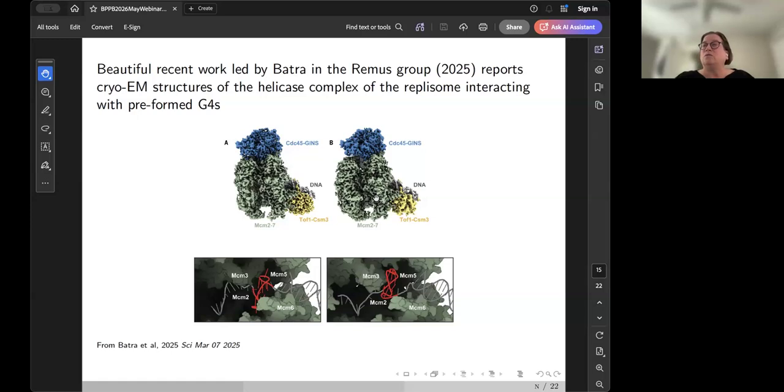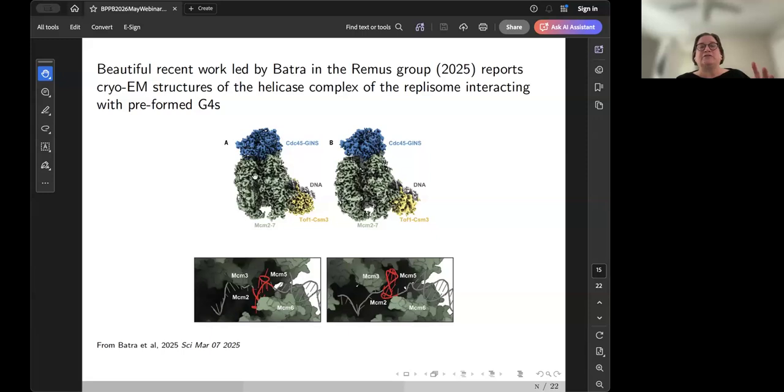These are done with cryo-EM, and this was absolutely groundbreaking work. They did a tremendous amount beyond the structures, biophysical measurements, and so on and so forth. What they were able to show is they were able to catch in the act one of these G quadruplexes literally getting stuck inside of the channel of this replicon element, in particular of this hexamer that is part of the helicase.